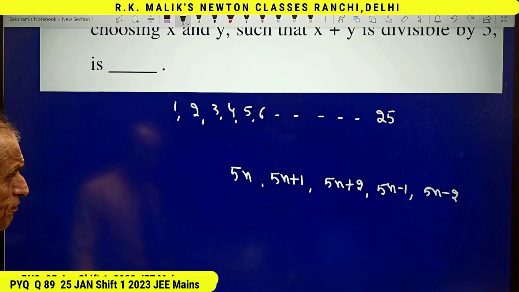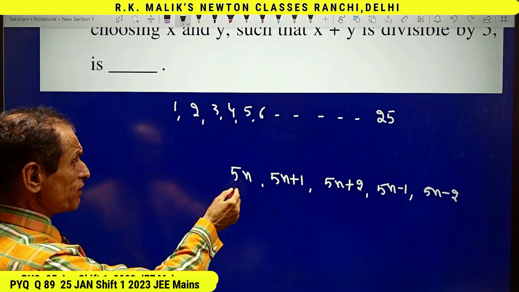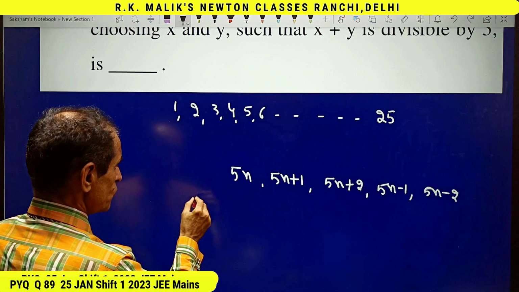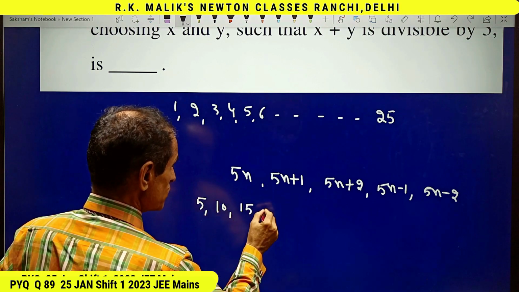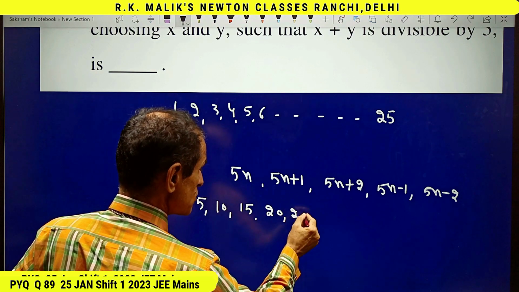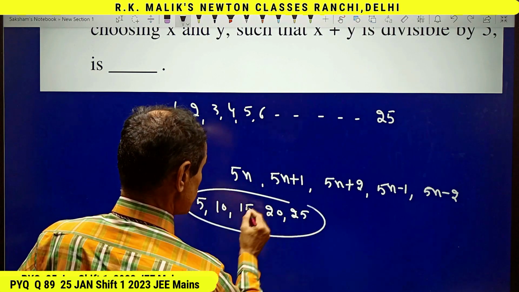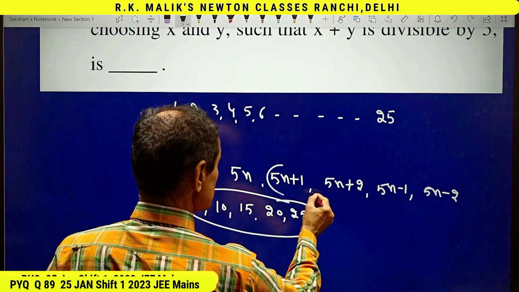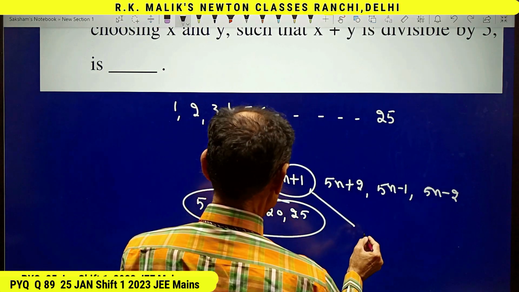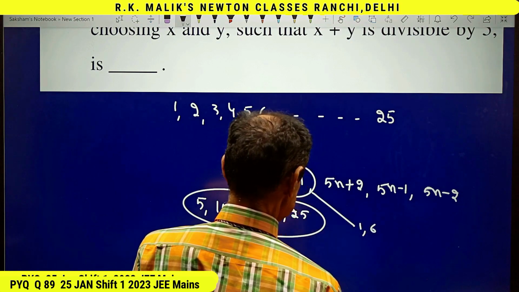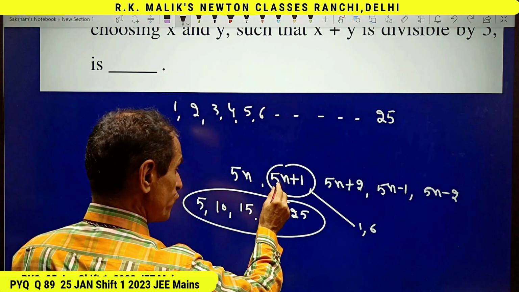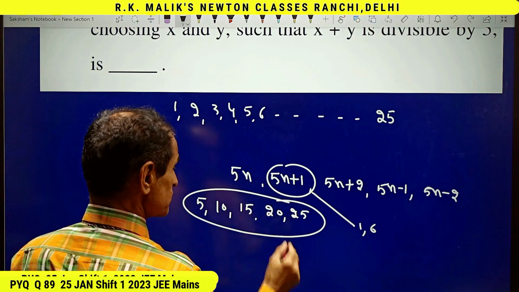For example, the numbers in the form of 5n are 5, 10, 15, 20 and 25. The numbers in this form are 1, 6. Note that 1 will be obtained when n is 0.